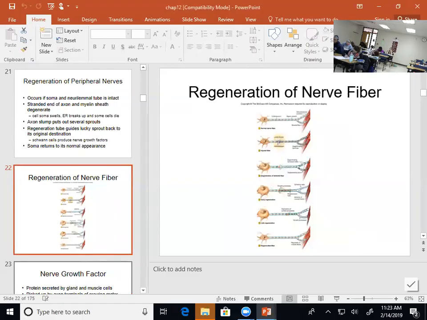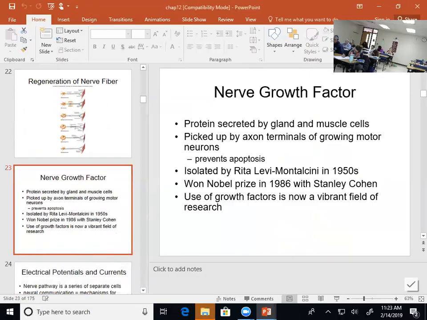But depending on the extent of the damage, you can get some regeneration of the peripheral nerves. Can you get them back in the central nervous system? No, we don't think about it in the central nervous system.